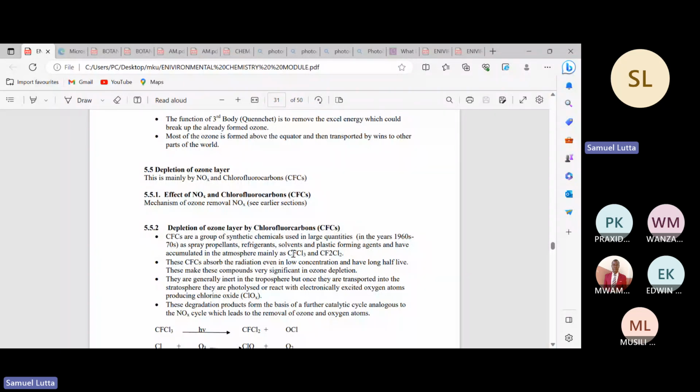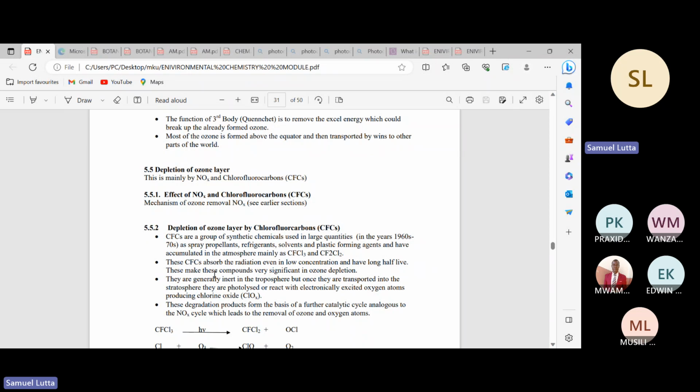So the chlorofluorocarbons also play an important role in the depletion of ozone. I think we are going to see how these reactions happen. The chlorofluorocarbons absorb the radiation even at low concentration. And the problem with them is that they have a very long half-life.